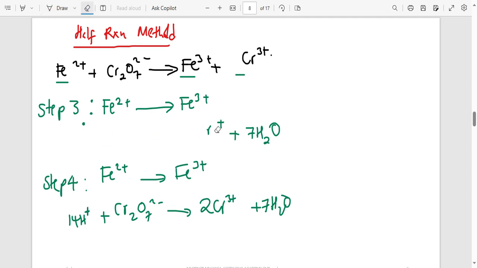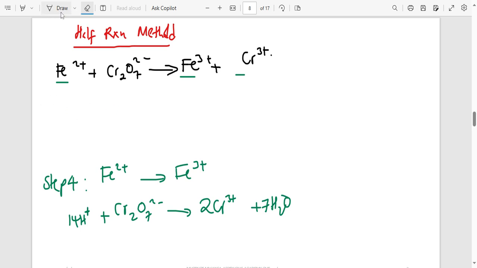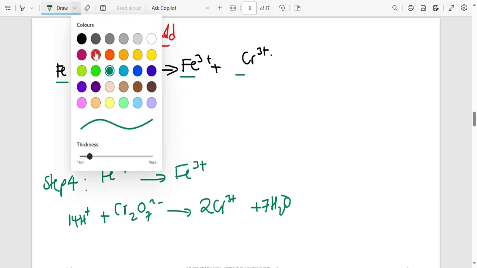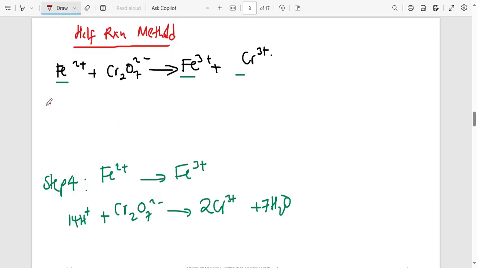So at this point, I've balanced all atoms. I balanced first atoms other than oxygen or hydrogen, and then I balanced oxygen, and then I balanced hydrogen. Now, step 5 will be balancing charge. How do you balance charge? If you look at the first reaction, the charge on the reactant is positive 2. The charge on the product is positive 3.